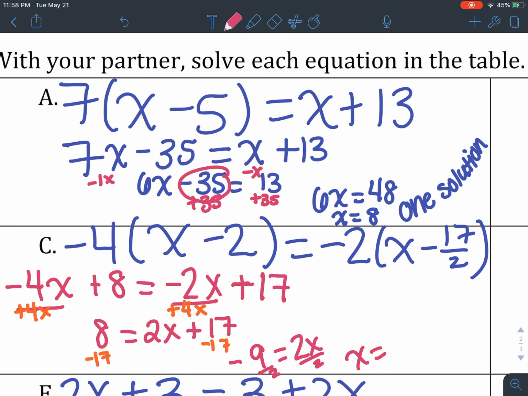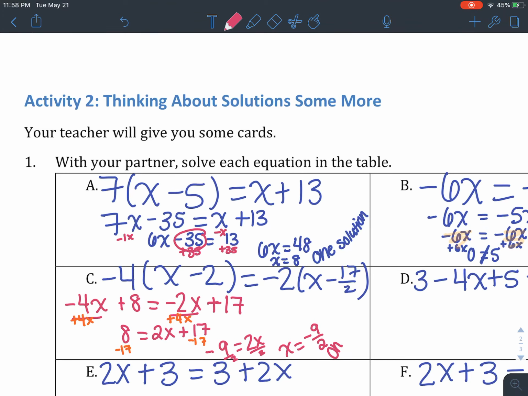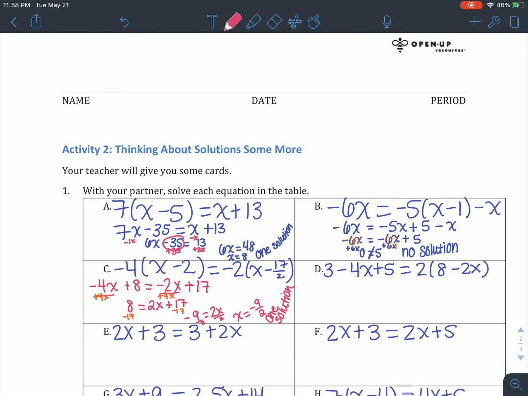And you can leave that as x equals negative 9 halves. Okay, and that is a 1 solution. So we've got a 1 solution and no solution right here. We've got 2, A and C is 1 solution, and B is no solution.